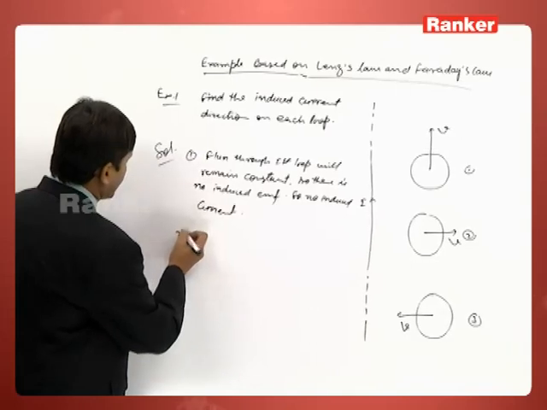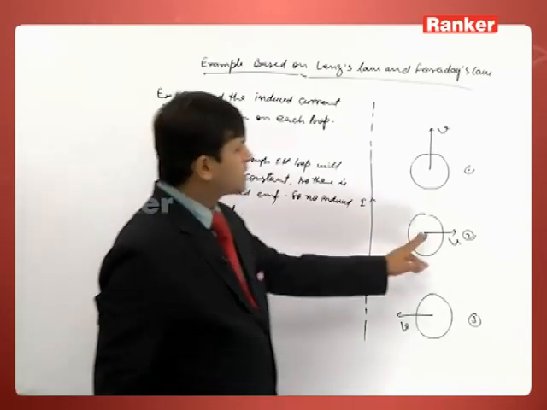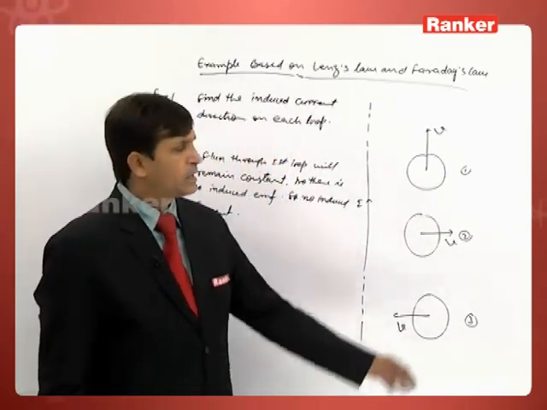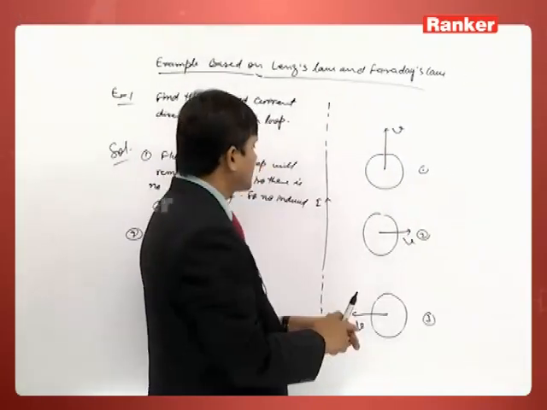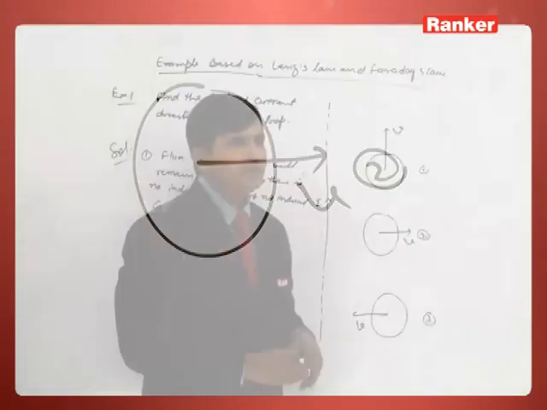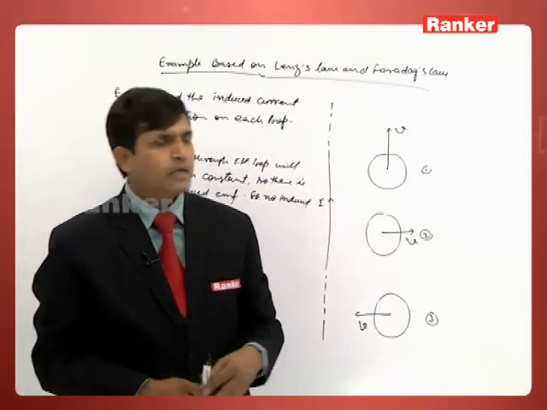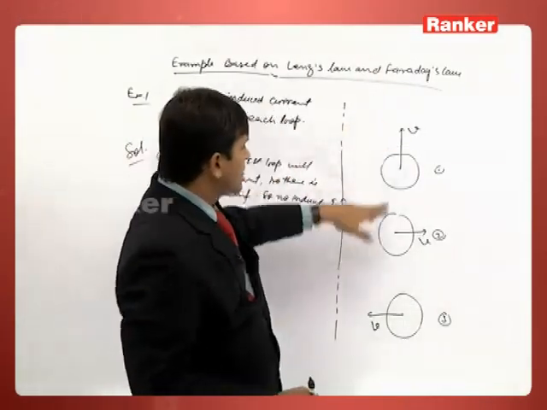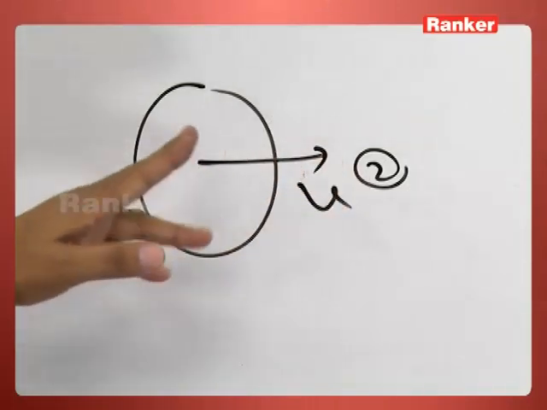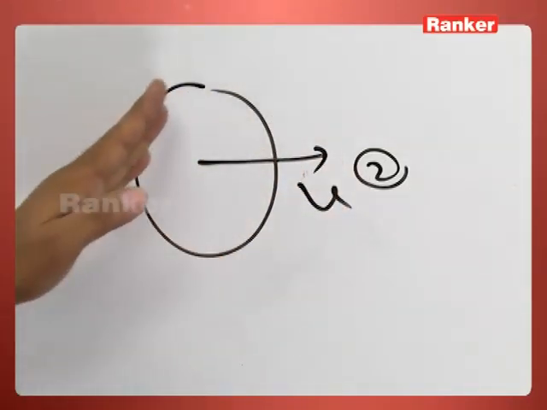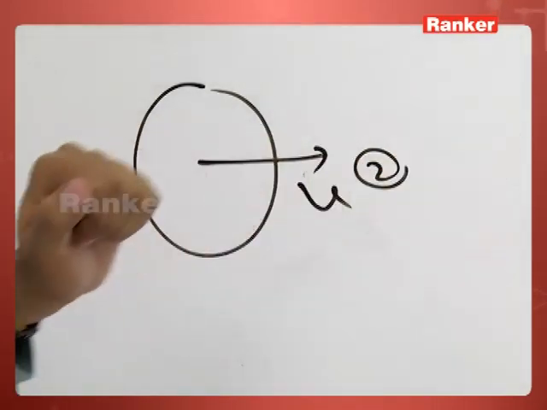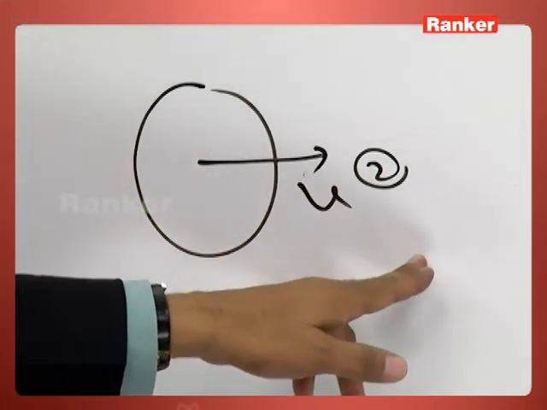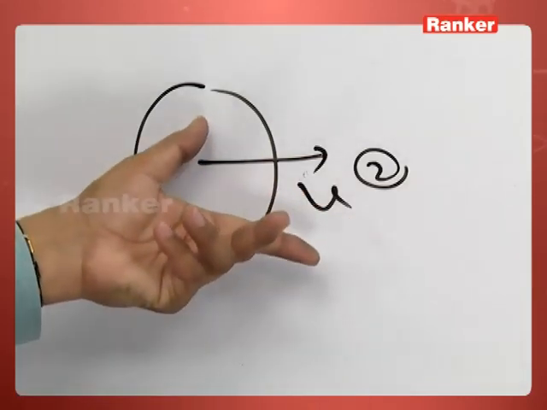Second, the second loop is moving away from the conductor, so different parts of the loop are at larger distance as it proceeds. So the magnetic field associated with this loop will decrease. If the magnetic field decreases, the flux is decreasing.